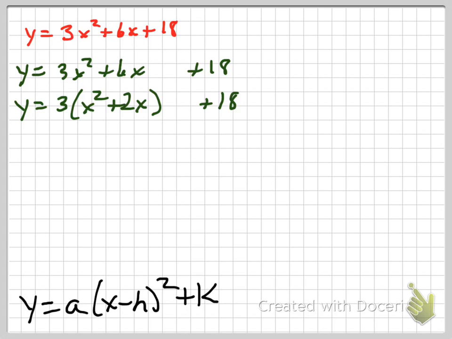So our first two steps have been move the constant and factor out the leading coefficient. The 18 is a safe distance away, and then we take the leading coefficient out of both terms. If we distributed it back in, we would get what's above it, 3x squared plus 6x.